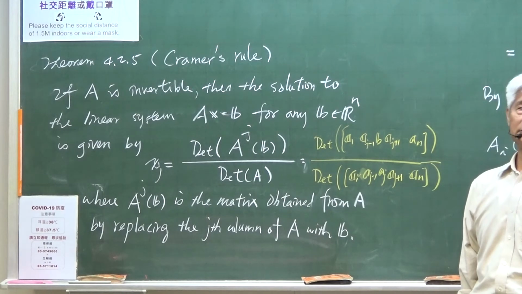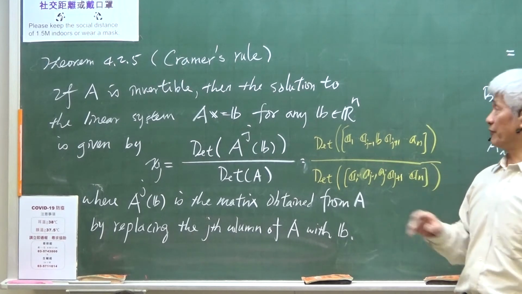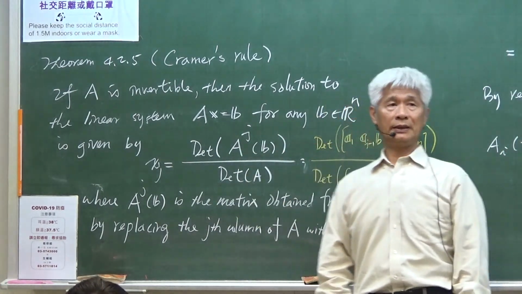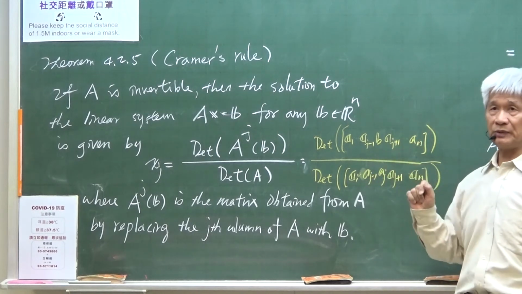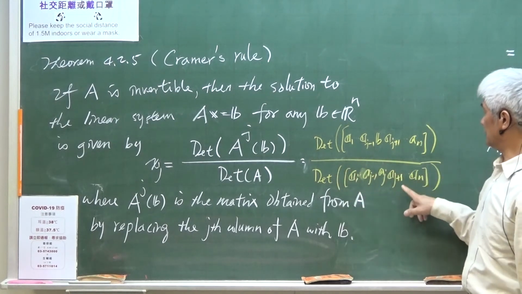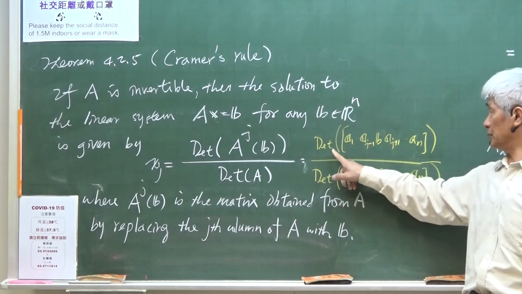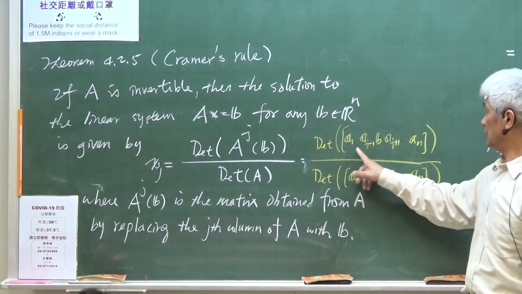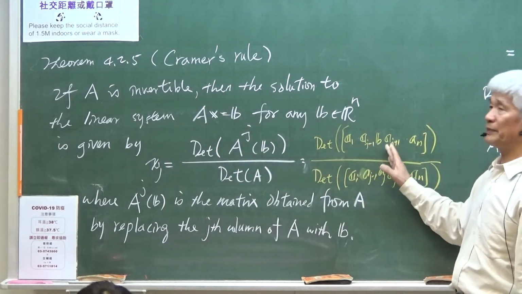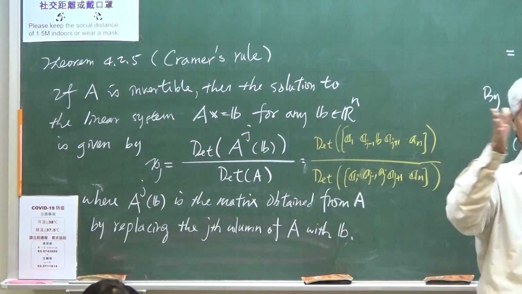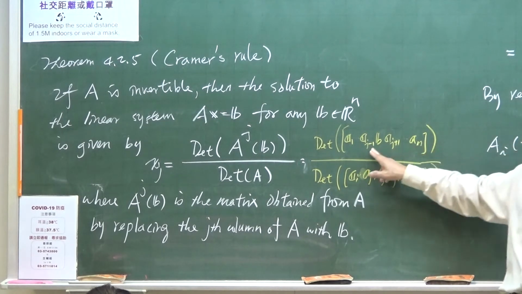So you have to compute two determinants for each component. So actually, you have to compute n plus 1 determinants, right? One is the determinant of the original matrix A, and then you have to compute the determinant of the original matrix A with the jth column replaced by B. And then you have n such different matrices, right?